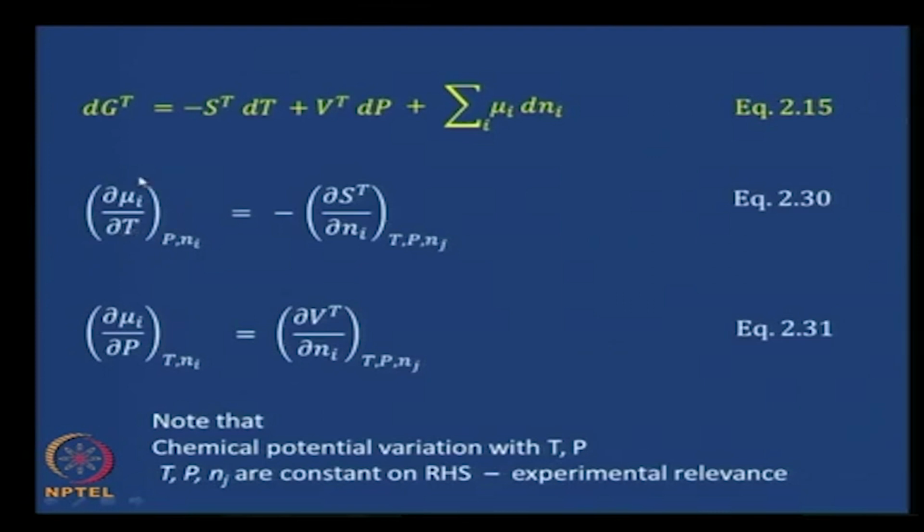This gives the variation of chemical potential with temperature, which is a very useful relationship to have when the pressure and the number of moles of all species are held constant, which can be done experimentally. This gives the variation of chemical potential with pressure when the temperature and all moles are held constant, which can again be done in an experiment.